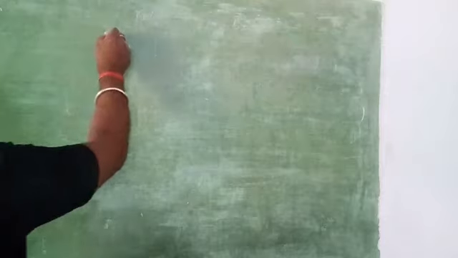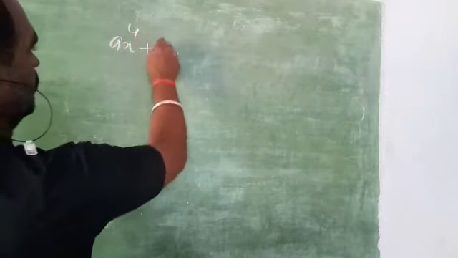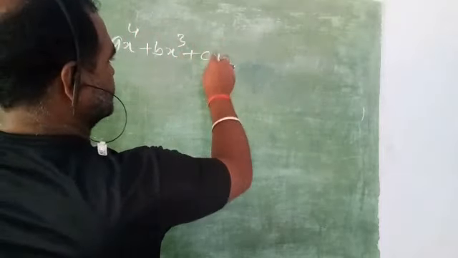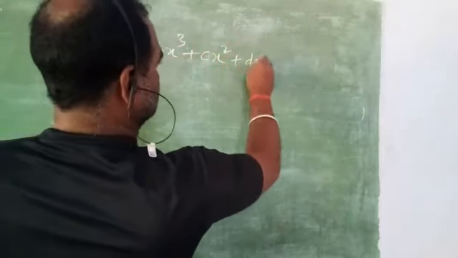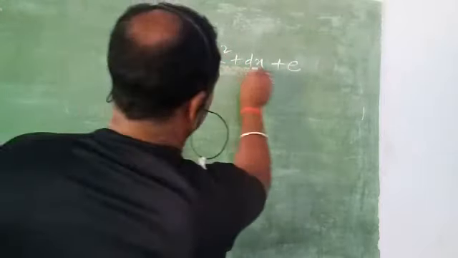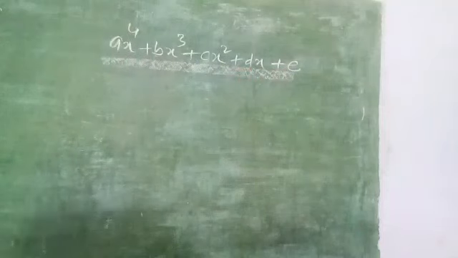Biquadratic polynomial, its general form is ax^4 + bx^3 + cx^2 + dx + e. This is a biquadratic polynomial.